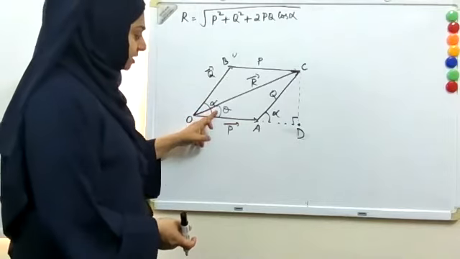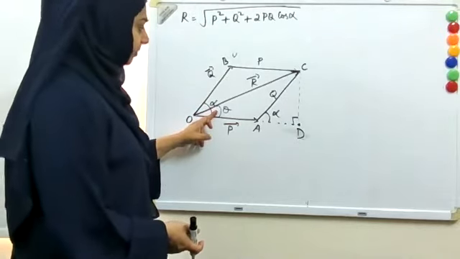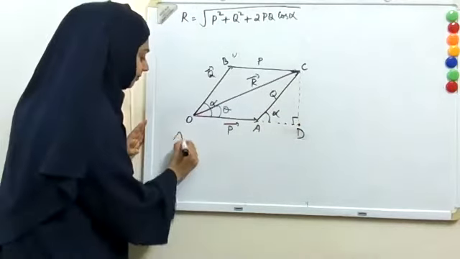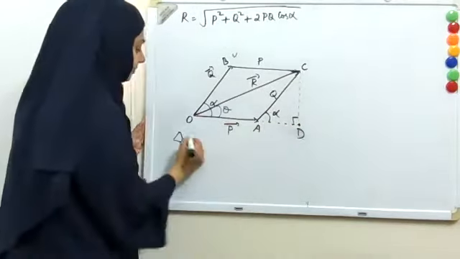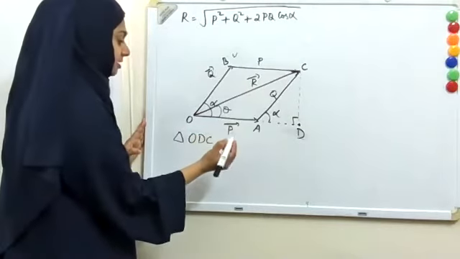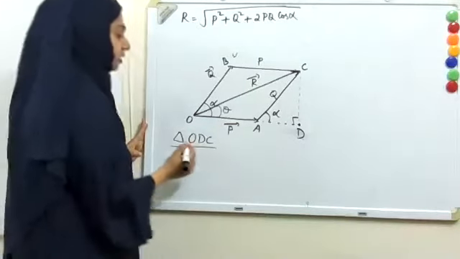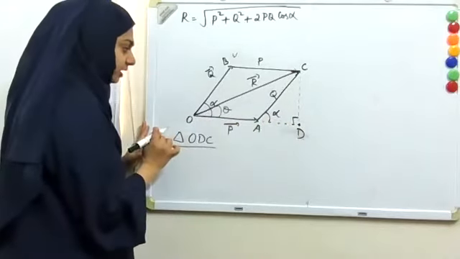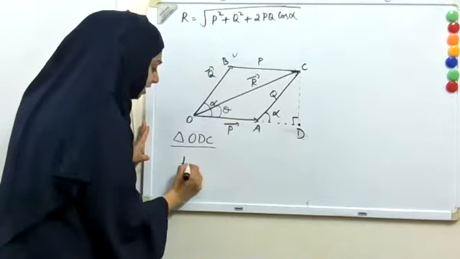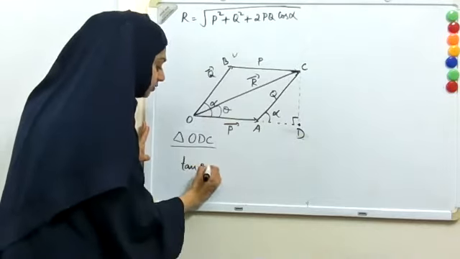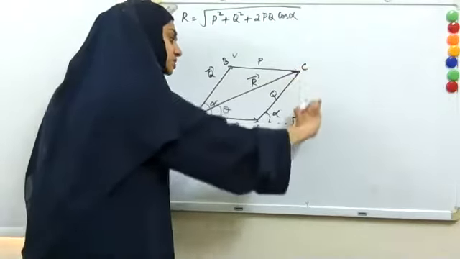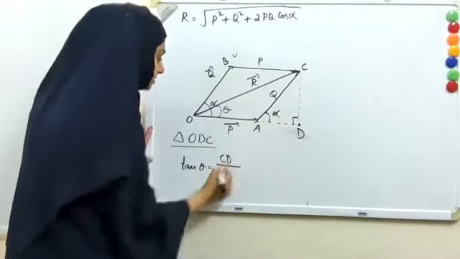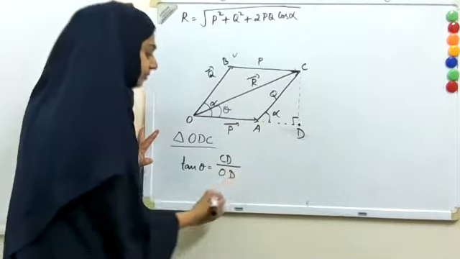So to find an expression for tan theta, again let me consider the big triangle ODC. When I take the triangle ODC, I have this as the right triangle. So tan theta is equal to the opposite side, which is CD, divided by the adjacent side, which is OD.